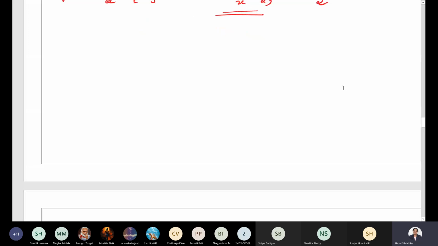Let's discuss one more question. We need to find the function y which makes the integral from x1 to x2 of 1 plus xy dash plus xy dash square dx an extremum. We need to find the function y for which this integral has an extremum.